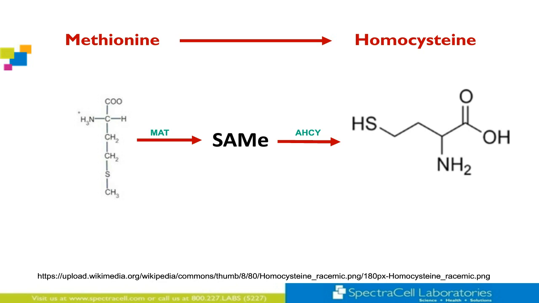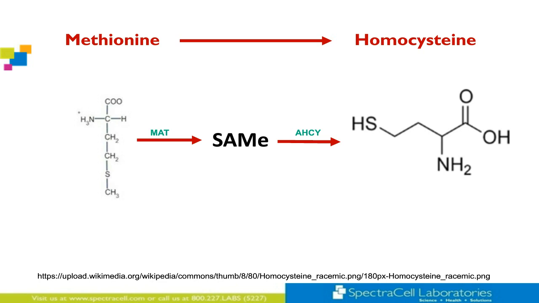As we can see, homocysteine comes from the methionine molecule in the methionine pathway, which occurs inside the cell. It does not occur in the serum. Specifically, you need a molecule of methionine to be utilized by the MAT enzyme in order to make SAMe.